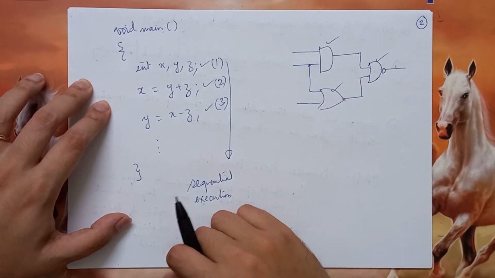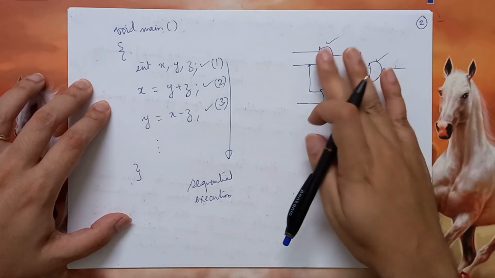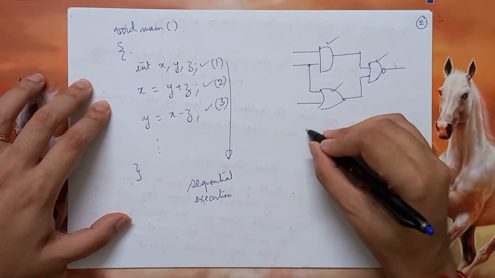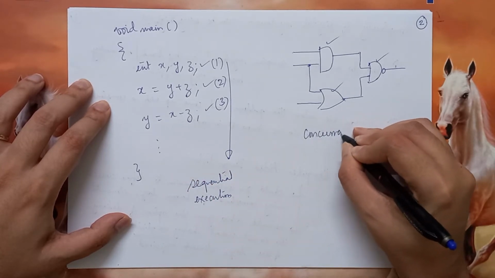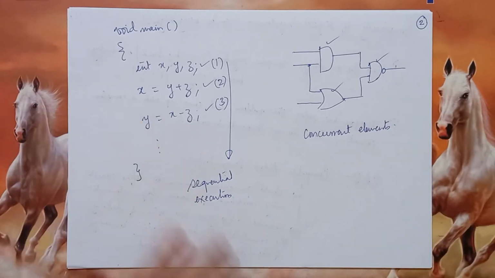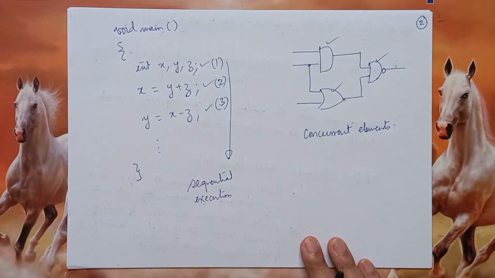Whereas circuit elements are always there. They're always working. So circuit elements are essentially the opposite of sequential. They are called concurrent. Concurrent means blocks which are all working at the same time. In a programming language, never will you see that all the lines are being executed at the same time. That's very, very rare.